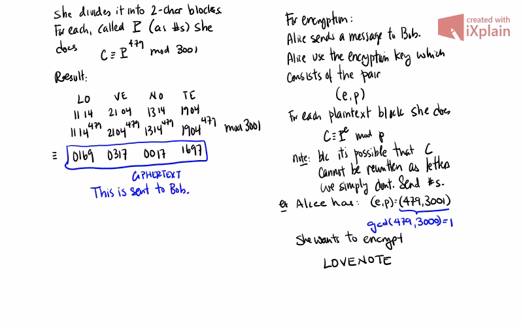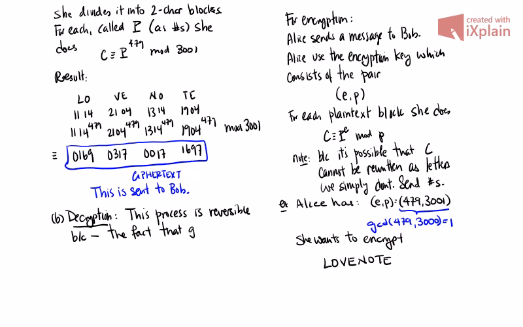So, question then becomes, what does Bob do? So how does he decrypt? We'll put this under B, decryption. So this is what's going on. This is reversible, and this is why. Remember what our guarantee was with the GCD of E and P minus 1 is 1.